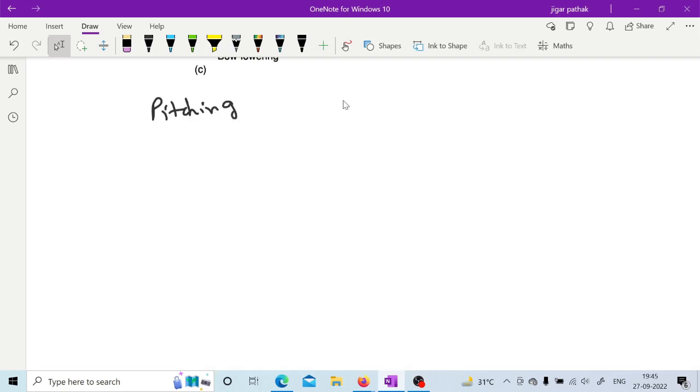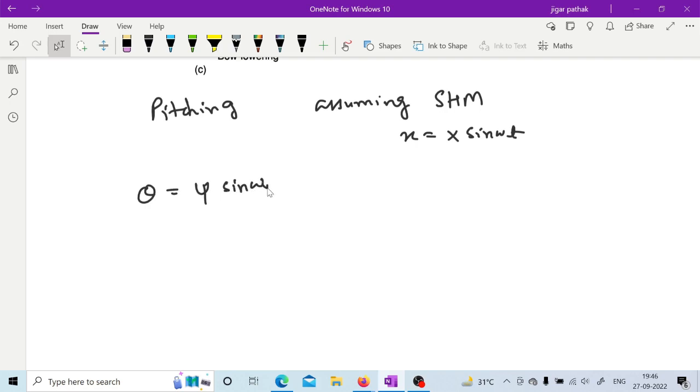We are assuming that there is simple harmonic motion only, assuming SHM, and as you know, SHM is governed by x equal to x sine omega t, right? So here, for pitching of this ship, you can take the relation theta equal to phi sine omega 0 t, where phi is the maximum angle, as x is the maximum amplitude in that particular case.